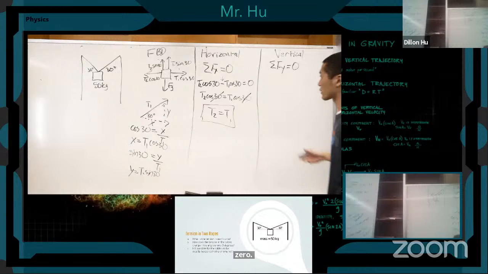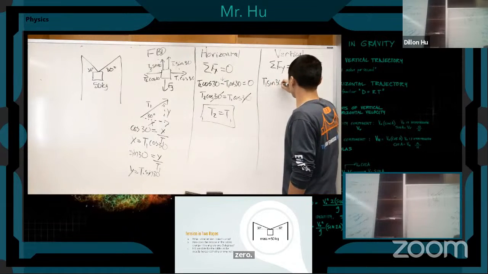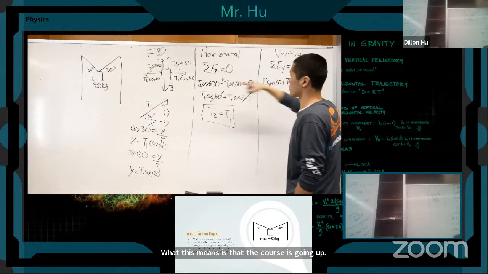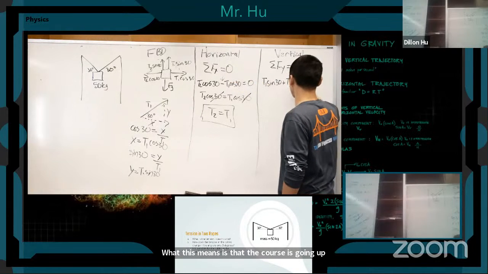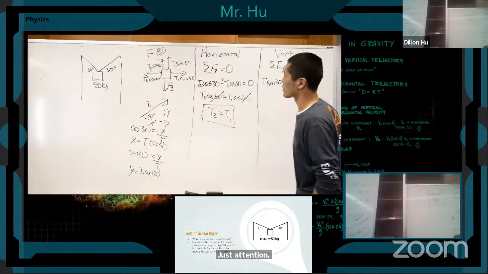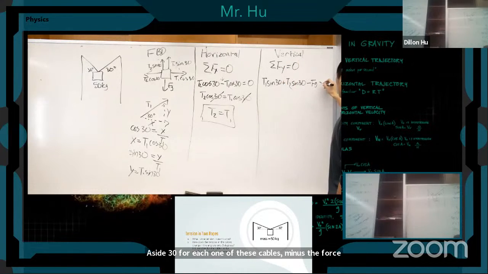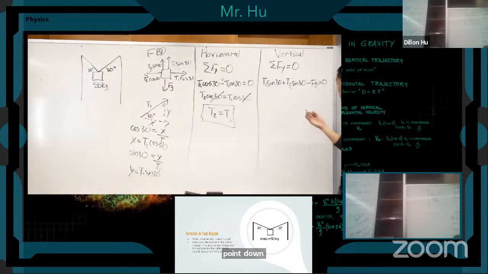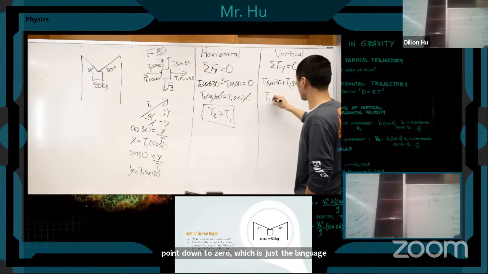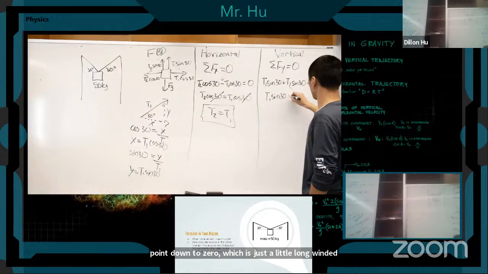What this means is that the force going up, which is the tension times sine 30 for each one of these cables, minus the force going down, is going to equal 0. That's just a long-winded way of saying that the force going up is equal to the force going down.